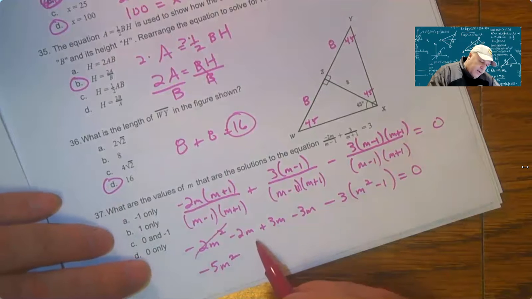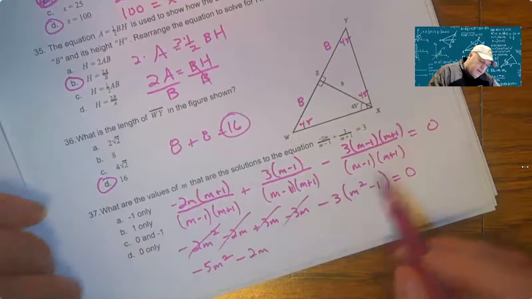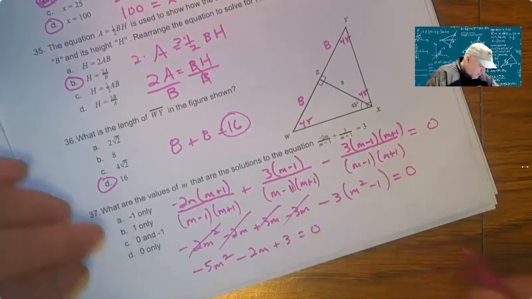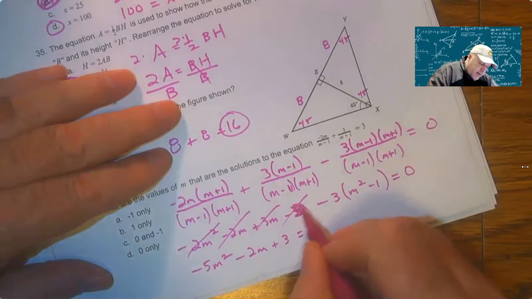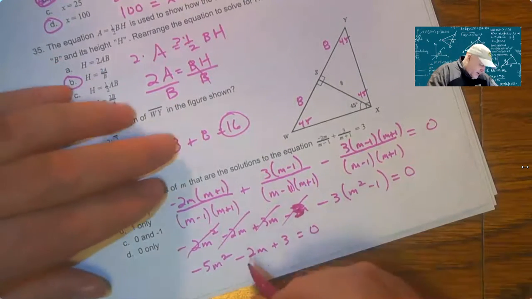So you're going to have minus 2m when we're said and done, and then plus 3. Wait a minute here. This is minus 3. Sorry about that. That's minus 3. So plus m.